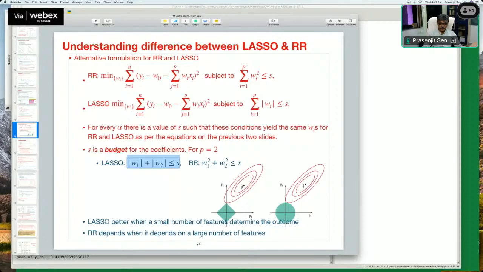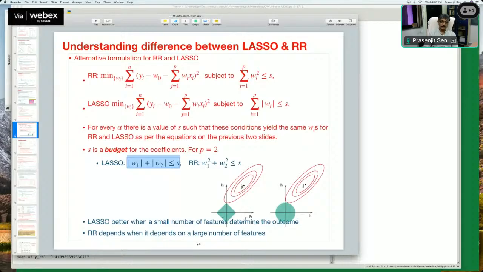If I plot it on a 2D figure, what is this area, mod of W1 plus mod of W2 less than or equal to S? It will be a diamond shape like this shaded region here, centered at the origin in this space. Here it is written beta 1, beta 2, but that's basically our W1, W2. Given a value of S, you have a certain size of this shape. As S increases, the area increases, but the shape remains the same.